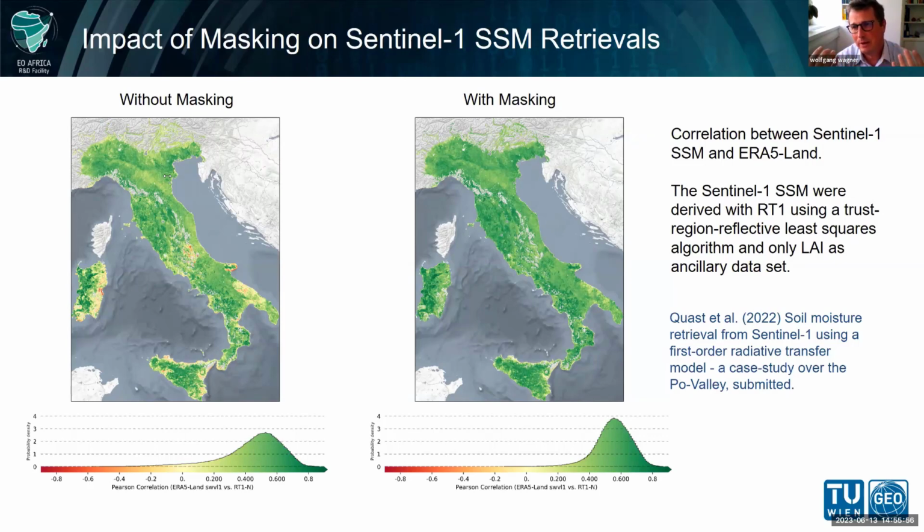Maybe we're talking about a profile within the first 10 centimeters. There's also the possibility that you use interferometric techniques where you use phase and amplitude information to disentangle different contributions from different depths.